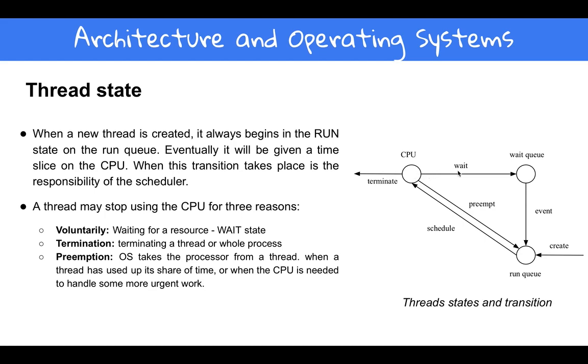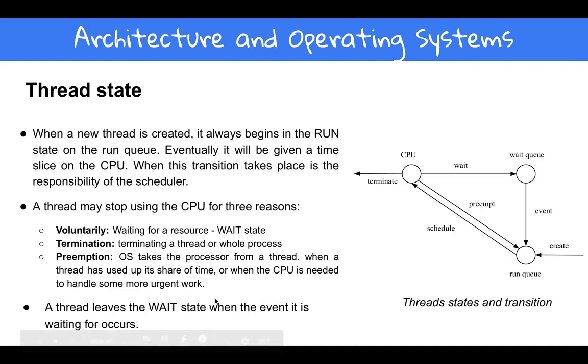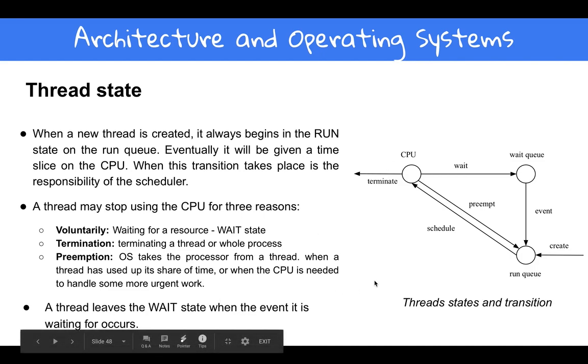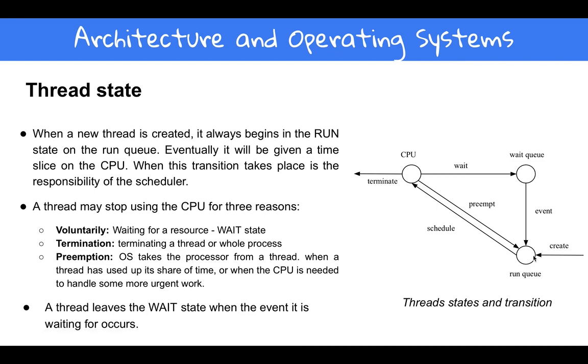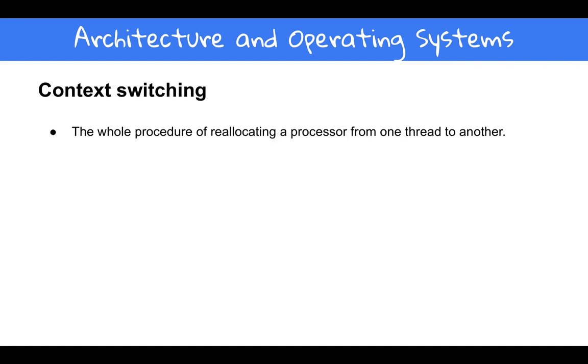So you have to return it back to the run queue and say, okay, you've got to wait, something more important is happening. It may go to the wait state, but preemption is when something urgent happens. It goes back to the run queue and will run on the CPU again. A thread leaves the wait state when the event it's waiting for occurs, as I mentioned.